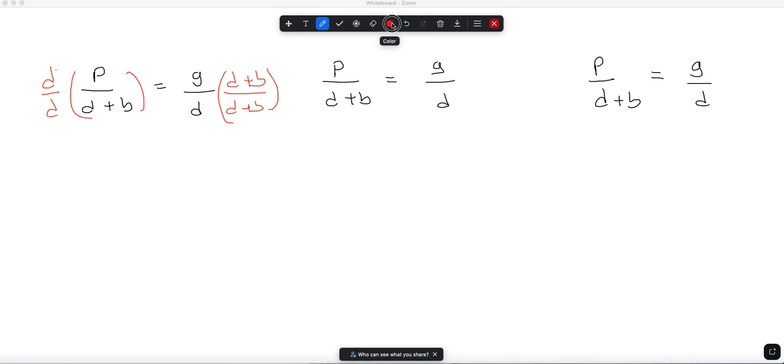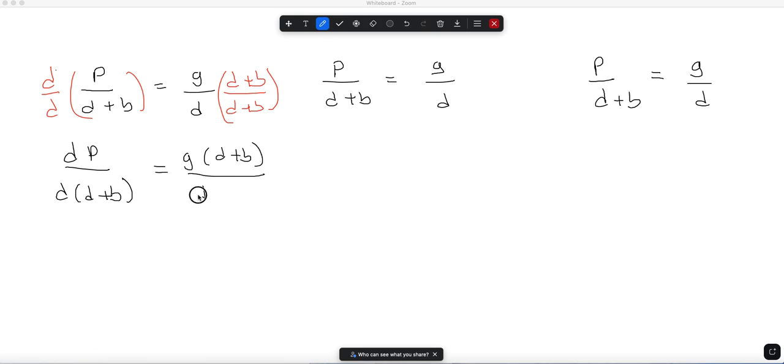Do that. So up here that will get me dp, and then d plus b. Why did they have to use d's and b's? It's confusing. And then g times this stuff, d plus b.